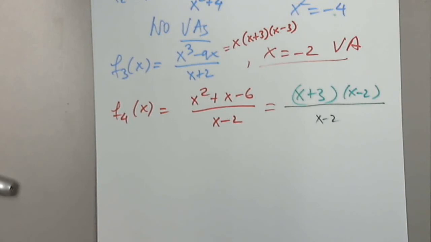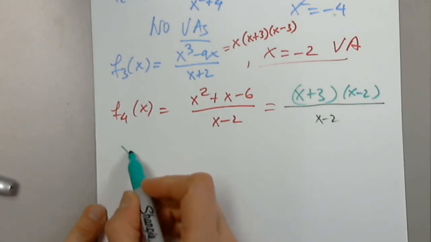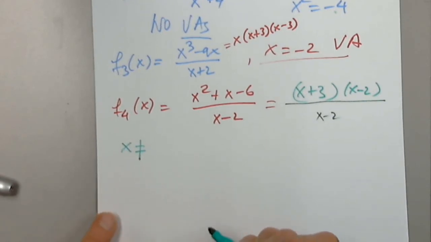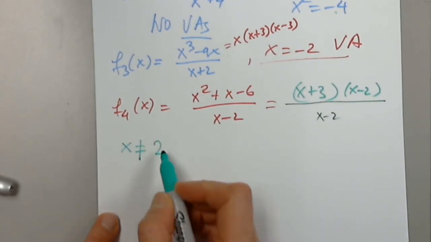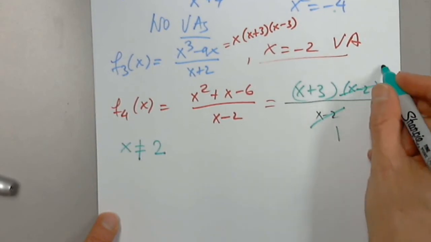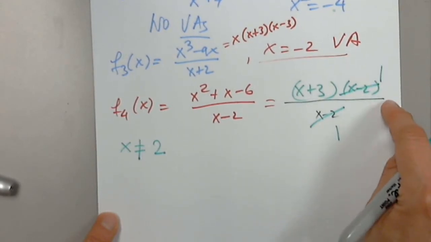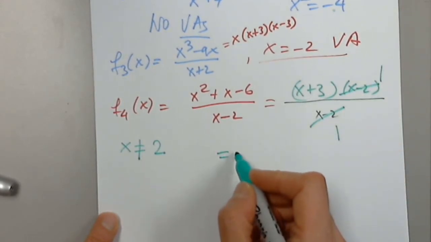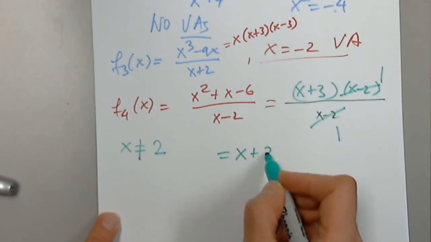Don't touch it, because if it's gone, then you're not going to have that hole in the graph. You must state the restriction before you simplify, always. So what will you say first? x is not 2. And now I will do this. And remember, it's not ever 0, but 1. So the answer is x plus 3.